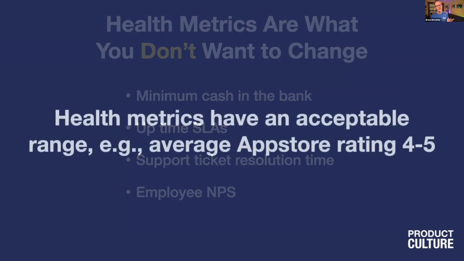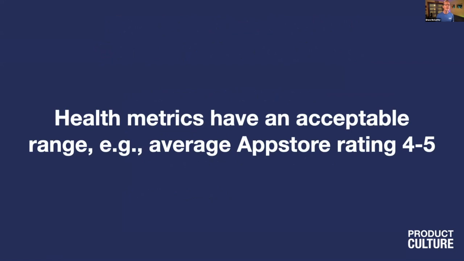And as I said, health metrics usually have a healthy range that they're in, like app store ratings of 4 to 5, SLAs of a certain number of 9s, et cetera. And as long as you're in the range, you can just monitor them and not worry about having to change them. Okay, 4 buckets.